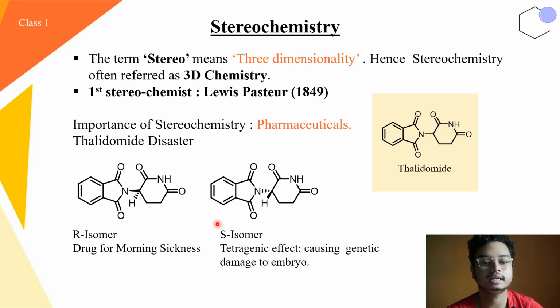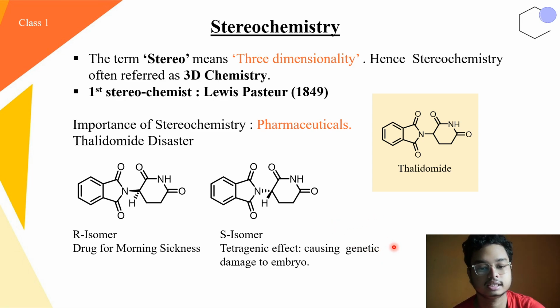Earlier, thalidomide was used as a morning sickness drug for pregnant women, but interestingly only the R isomer works as a drug for morning sickness, while the opposite isomer, the S isomer, has teratogenic effects that cause genetic damage to the embryo. Previously, when people were not bothered about stereochemical aspects, they gave this compound irrespective of the isomer, R or S. So the morning sickness was diminished, but pregnant women faced serious issues, producing genetically damaged children.